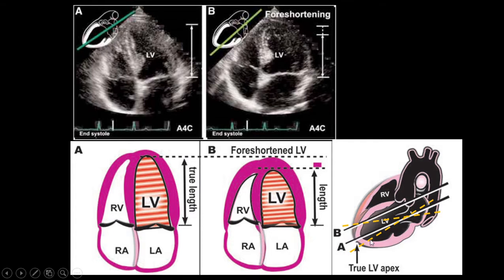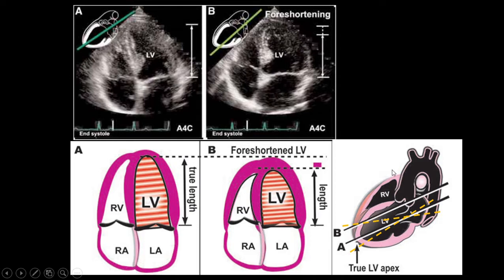But if we are a little below that line or above that line, it causes foreshortening. The length of the left ventricle is off axis and will be shorter than the real and correct size. We call it a foreshortened left ventricle.